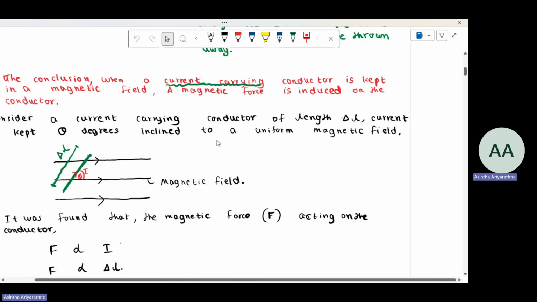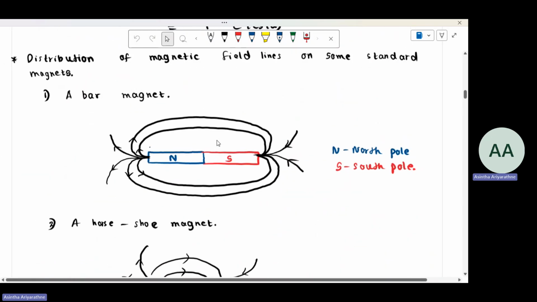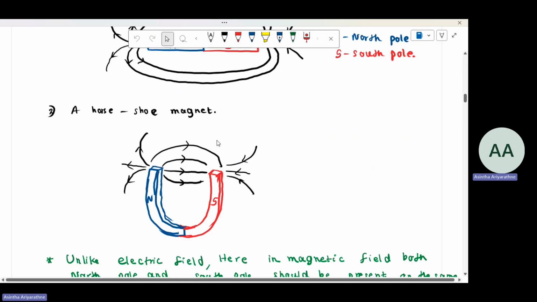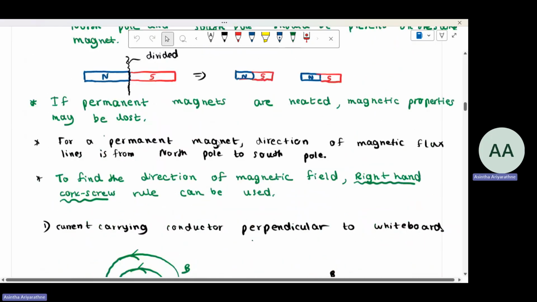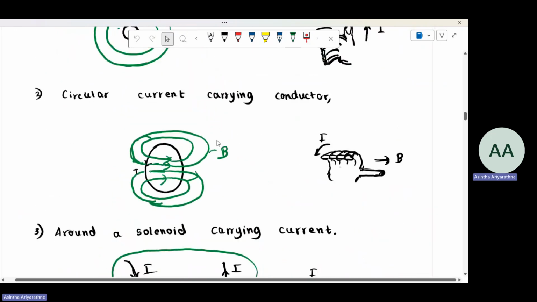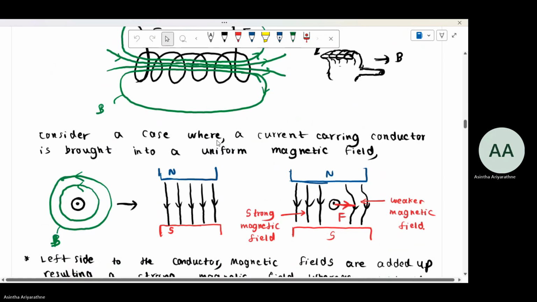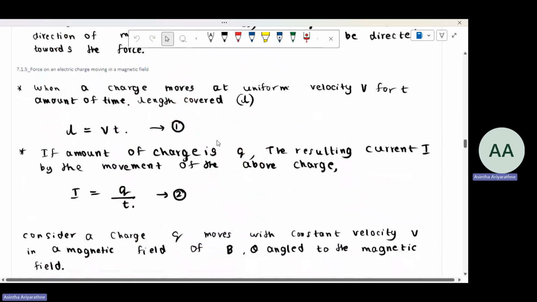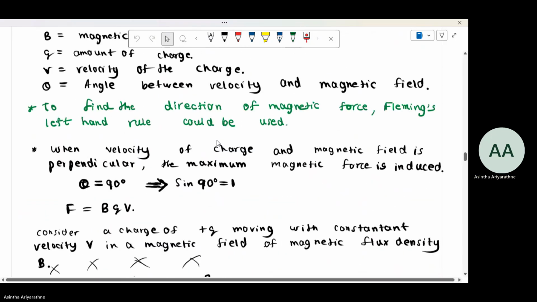And as well as the distribution of magnetic field around some types of magnet, like bar magnet, horseshoe magnet, and current carrying conductor, circular current carrying conductor, and a solenoid. Then how to determine the direction of the magnetic force acting on a conductor or a charge using Fleming's left-hand rule.